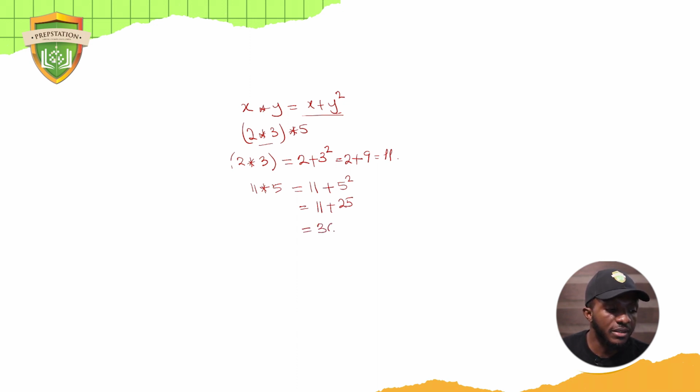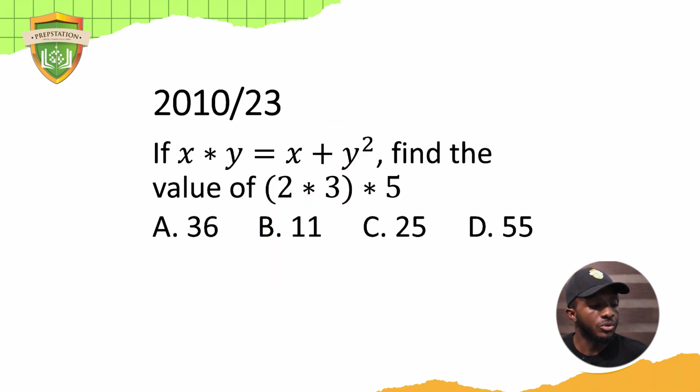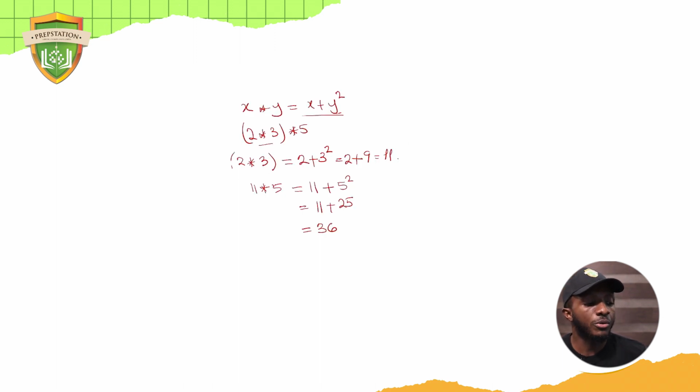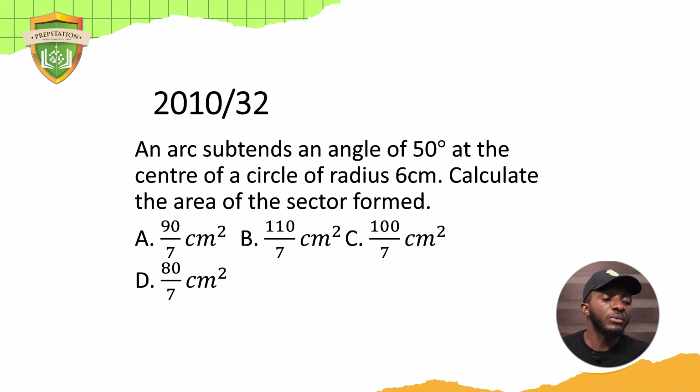That would give me 36. So that is what you get for dealing with it this way. We call this binary operation. They are just a set of rules, so whatever number you're given, make sure you follow the rules. They are going to be easy when you do follow the rules. So 36 is the correct answer. That is option A.